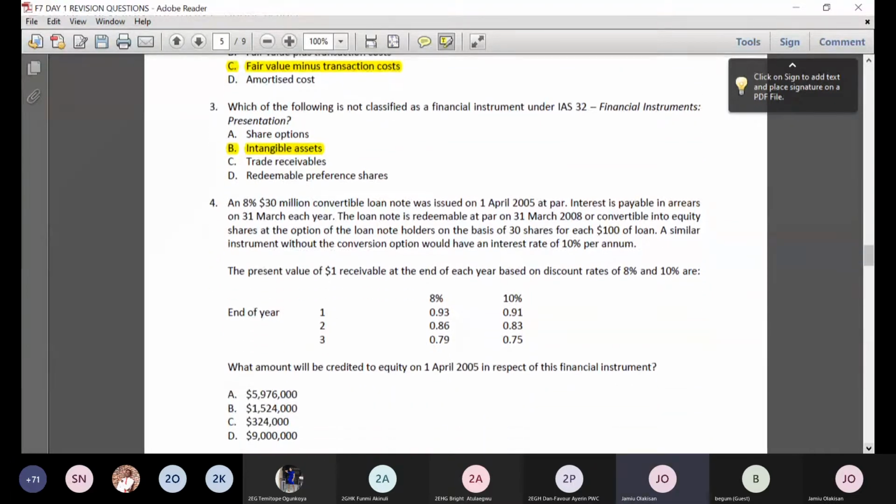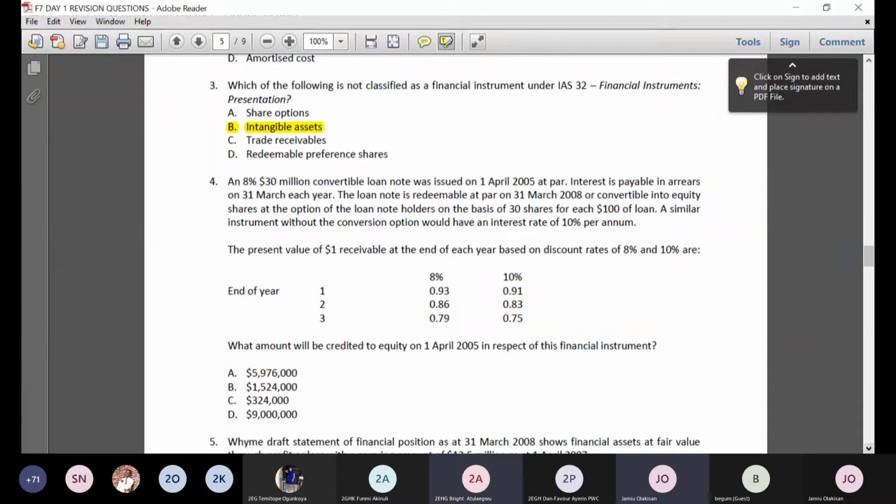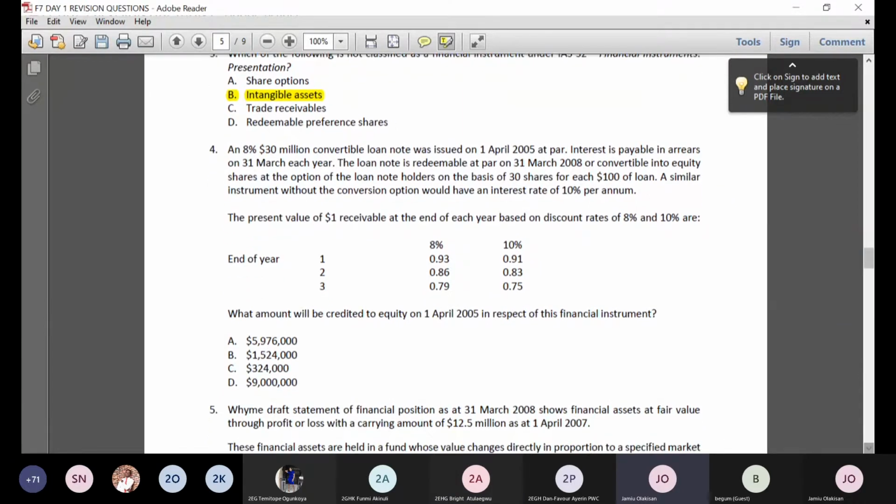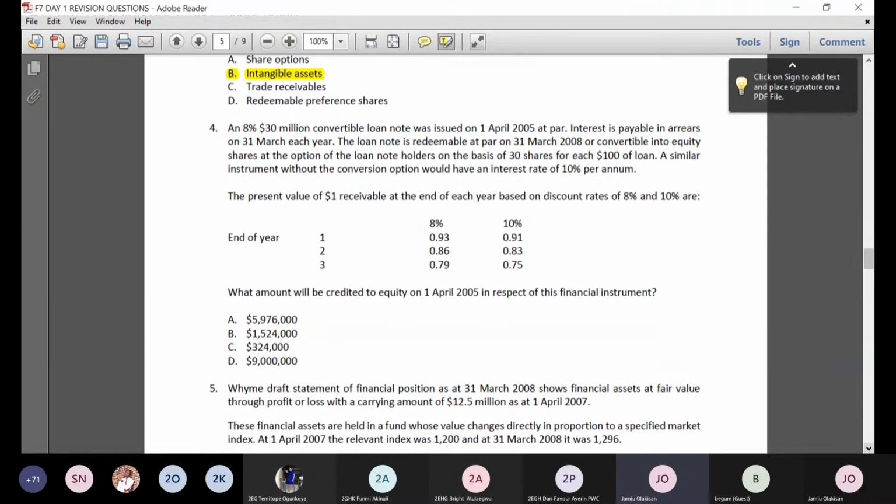Okay, if you look at question 4, due to lack of time, I will not do it for you. I'm looking at the time we have left, the fact that my colleague will come in, and that I have IS-10 and IS-8. This question has to do with convertibles, like the one we saw in the question today.